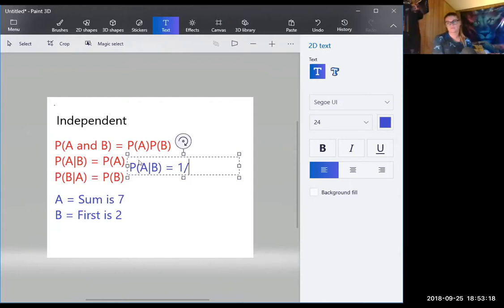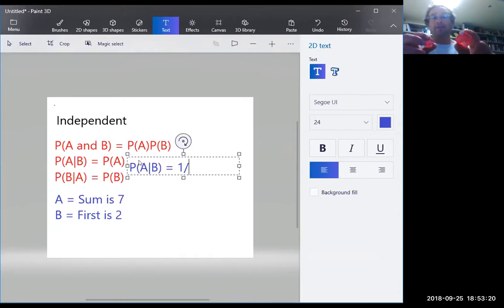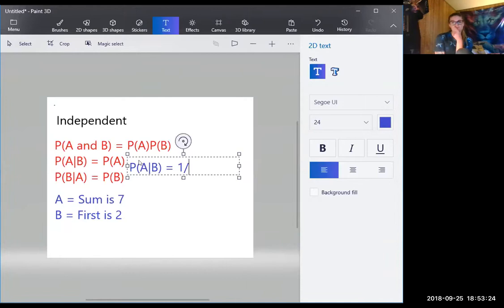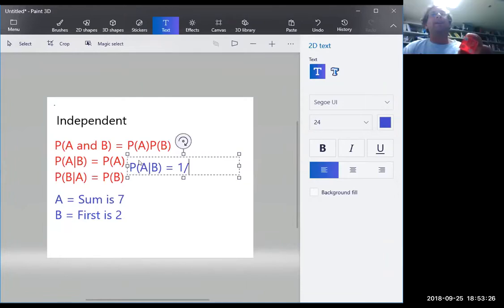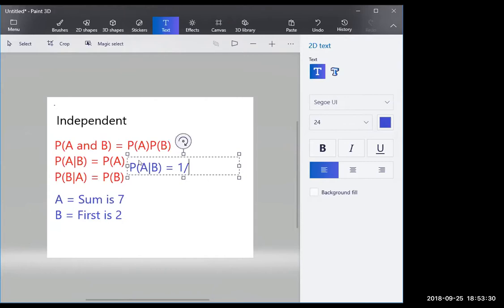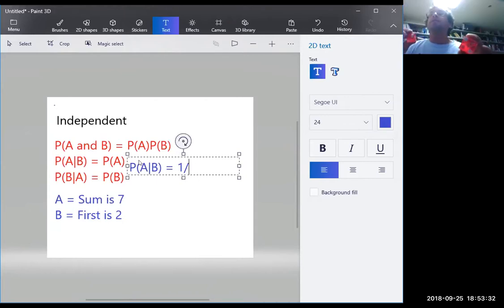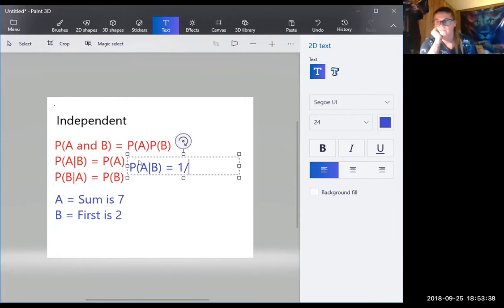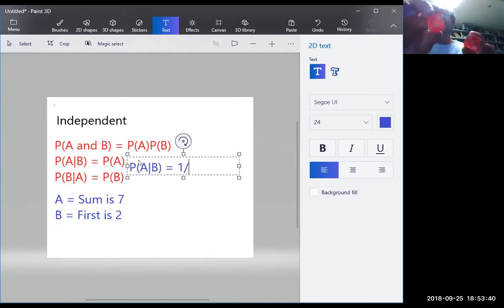Well, we could have for example, a 2 and a 1, that gives you 3. We could have a 2 and a 2, that gives you 4. No, there's only one way, right? It has to be a 5. No, that was for the numerator. So how many different things could happen? 6, because it could be any of the 6 die rolls for the second roll. Do you see that? 1 over 6.